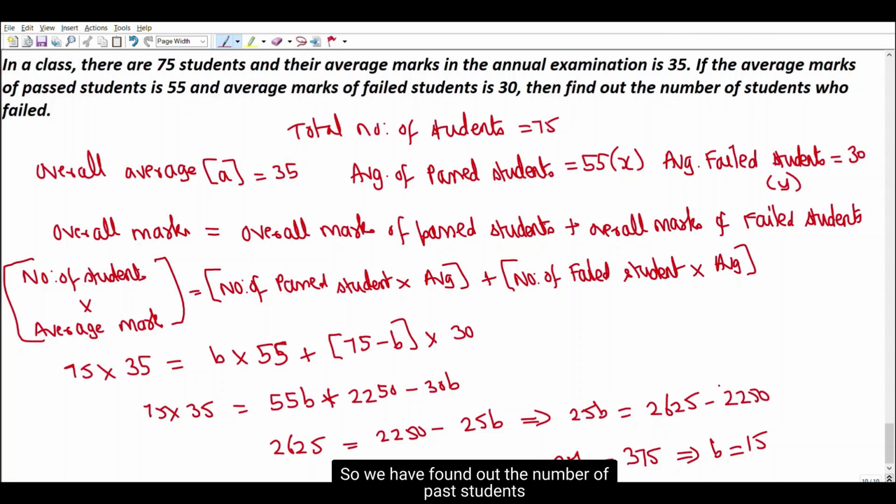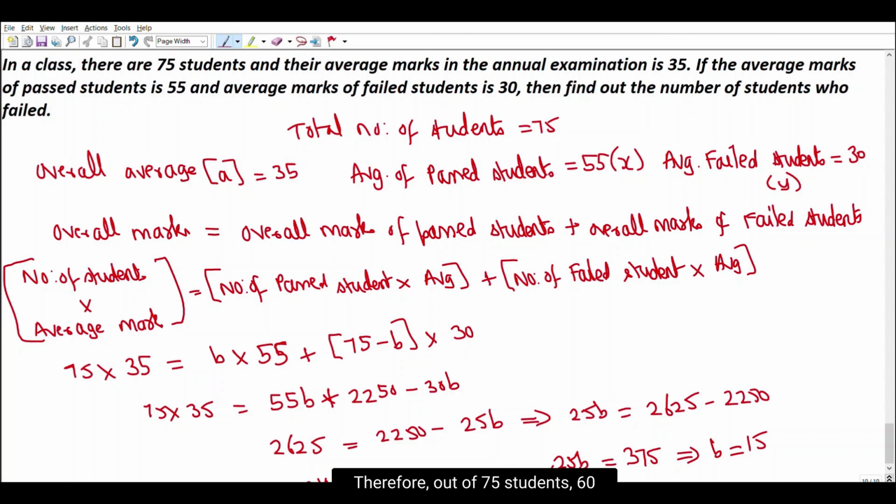So we have found the number of passed students as 15, and the number of failed students is 75 minus 15, which is equal to 60. Therefore, out of 75 students, 60 students have failed in the examination.